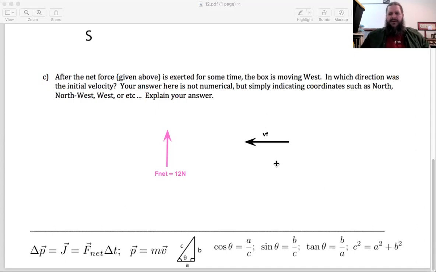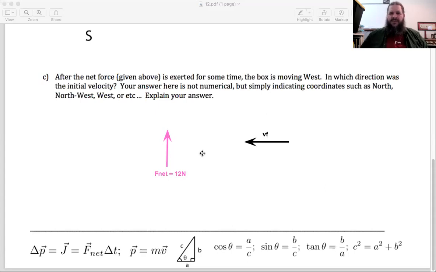Any thoughts on how we could use the final velocity and the force to figure out what the initial velocity was? What does the force do to the velocity? Yeah, it changes it.